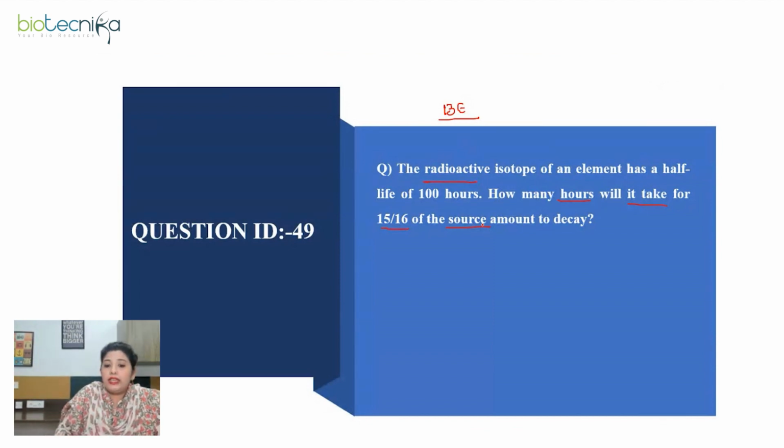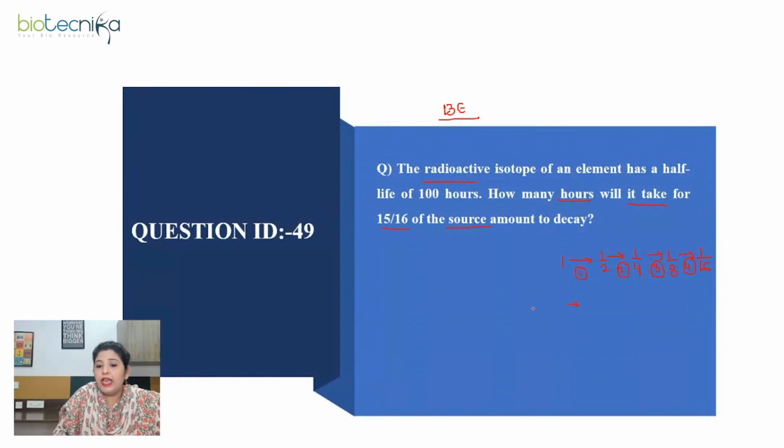If the initial source amount is 1, definitely after one half life, it will be reduced to half. Again, after another half life, it will be reduced to half. And again, it will be reduced to half, and so on. So we can see that when 4 half lives have passed, the source amount remaining is 1/16. And one half life is of 100 hours.